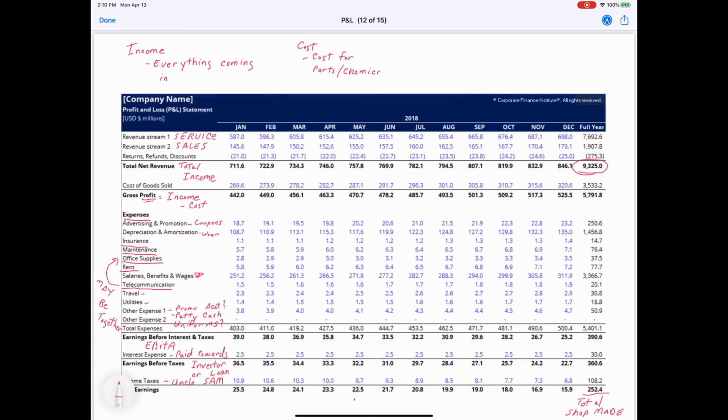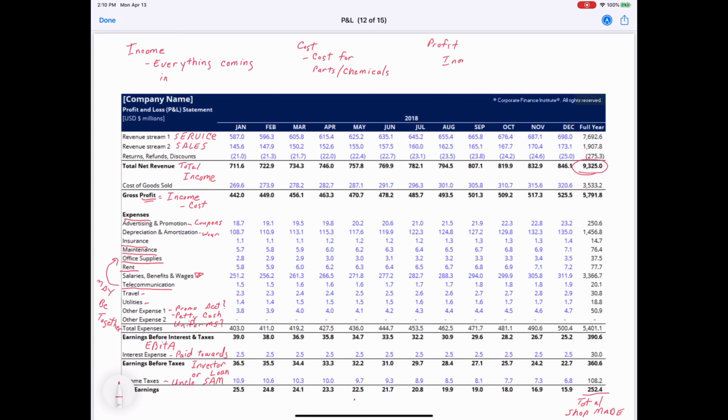You should be getting a profit no matter what. The question is, is that profit enough to cover your expense? Usually in a new business, it's not. It's going to take a little while for that profit to cover the expense so that the EBIT works.